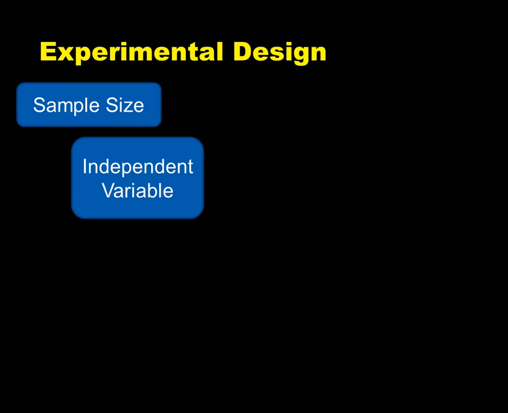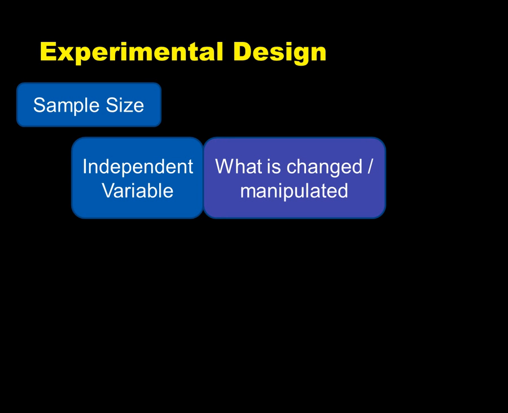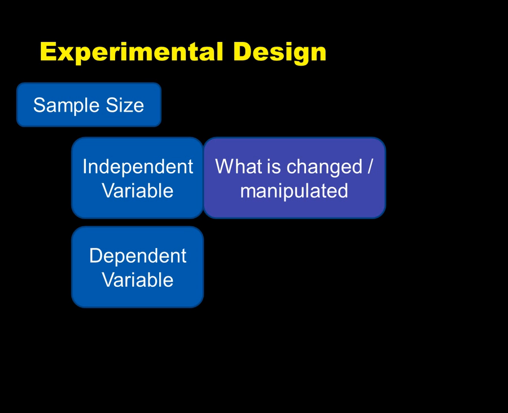The independent variable is what is changed in the experiment. If we keep some things changed, we probably should keep some factors consistent so we don't have too much variation going on. So we have an independent variable: what is changed, what is manipulated.